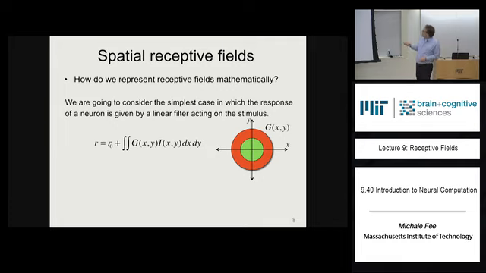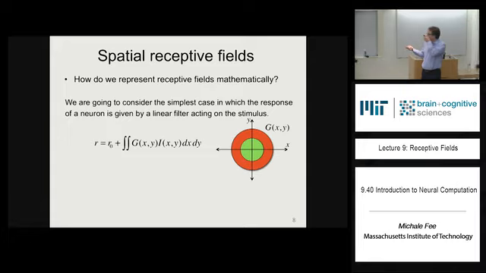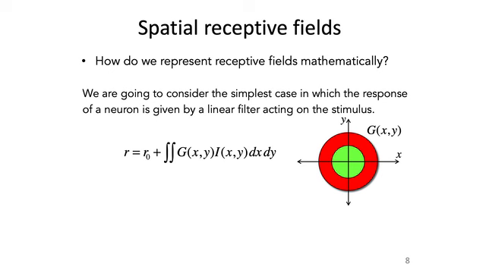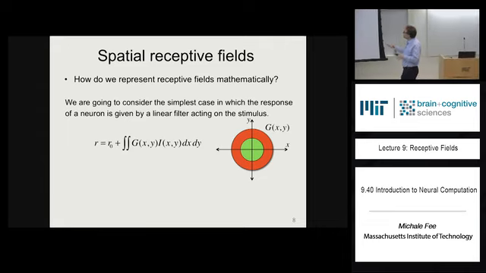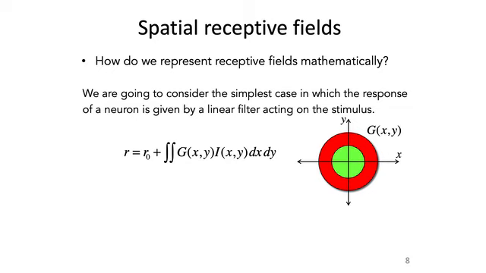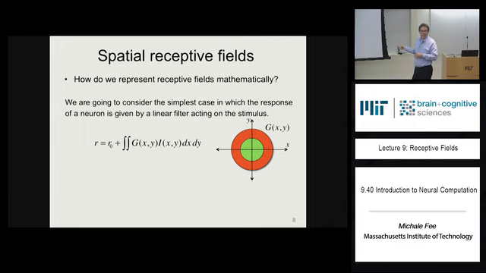Okay, so let's describe that mathematically. Let's say we have a two-dimensional receptive field. We're going to call that G of x and y. So remember, we had intensity as a function of x and y. There's our stimulus input, and we're going to ask how well that stimulus overlaps with this receptive field, and we're going to describe the receptive field as a function on this space x and y.